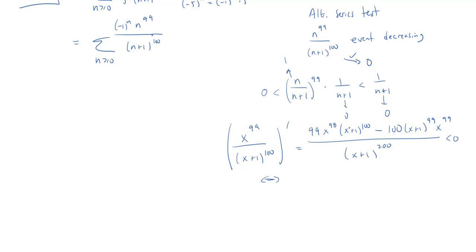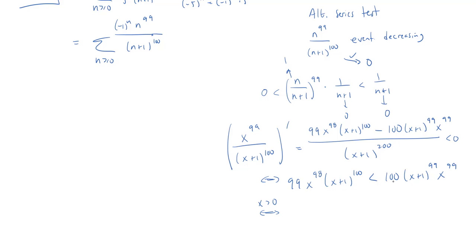And so if this is negative, I could just add this 100 times x plus 1 to the 99th times x to the 99th to the right, and I'll get that 99x to the 98th times x plus 1 to the 100th has to be less than 100 times x plus 1 to the 99th times x to the 99th. All right, I'd like to do some division, which I'm going to be able to do because n is supposed to be going to infinity. I may as well assume x is positive.